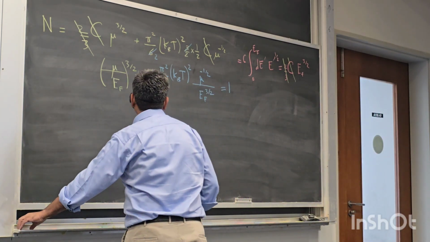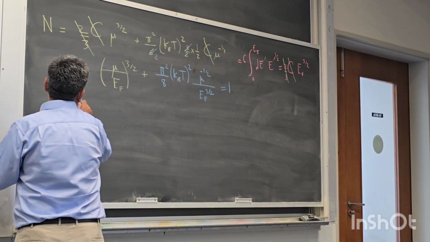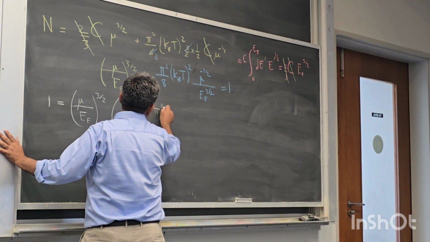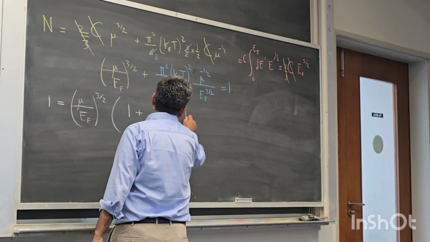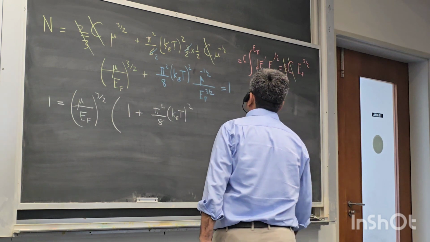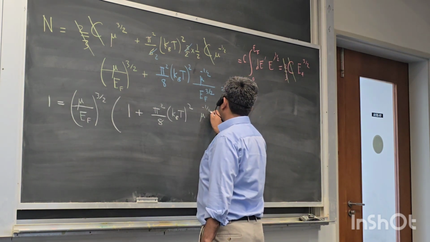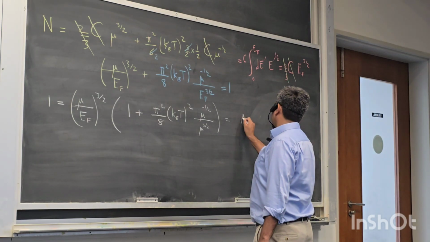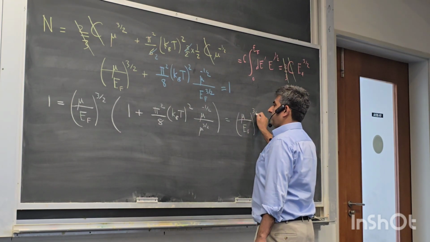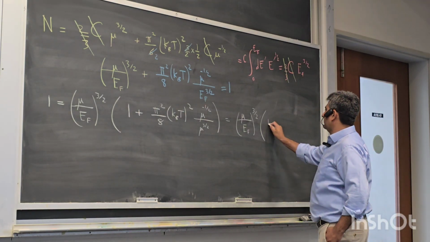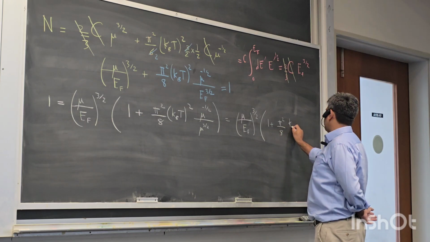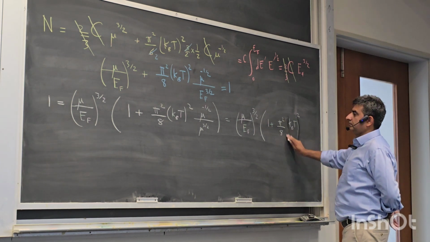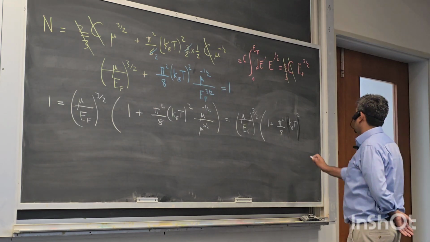So 1 equals mu over EF to the 3 by 2 plus pi square over 8 kBT whole square, times mu to the minus half, equals mu to the 3 by 2 over EF to the 3 by 2, times 1 plus pi square over 8 kBT whole square over mu.